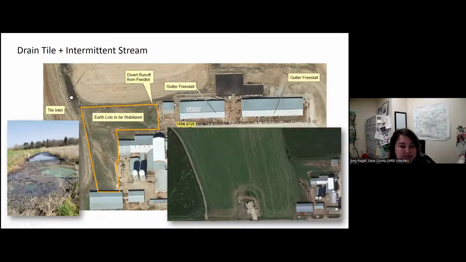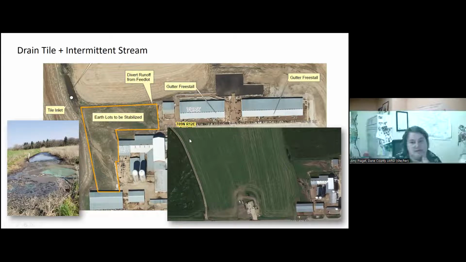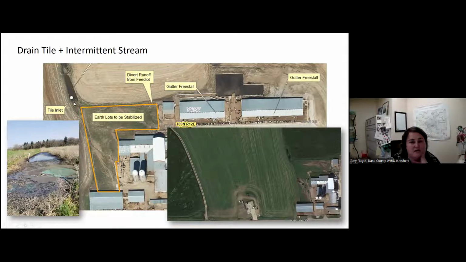So this example is kind of a complicated one and not obvious at first sight. So we were called out to a farm and did an assessment and determined that all the runoff from the farm kind of comes out to this one area over here and kind of ponds, as you can see.